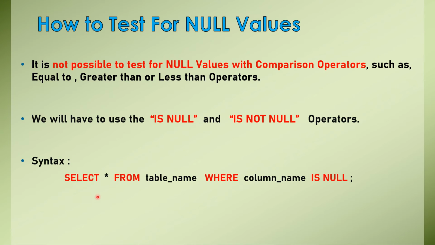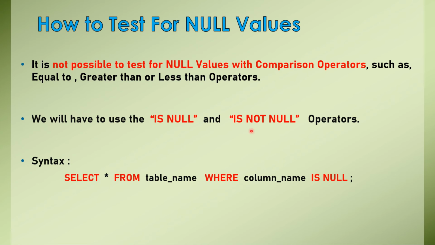You need to write select all the fields from table name where column name is null. Meaning you select all the fields from this table where the column is null. If this particular column is null, meaning it has no value, then that record will be generated as the output. I am repeating again: suppose the column you have specified here has no data. If it has a null value, this condition becomes true, so that record will be generated in the output table.